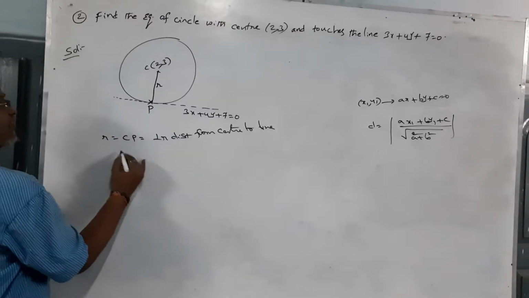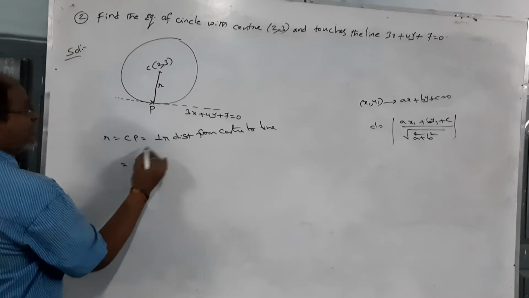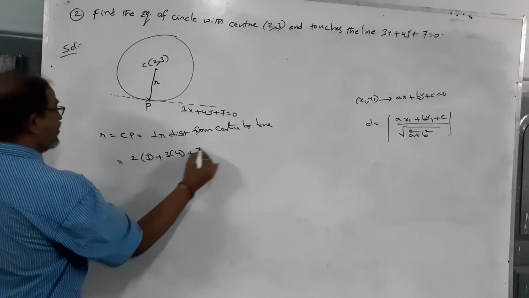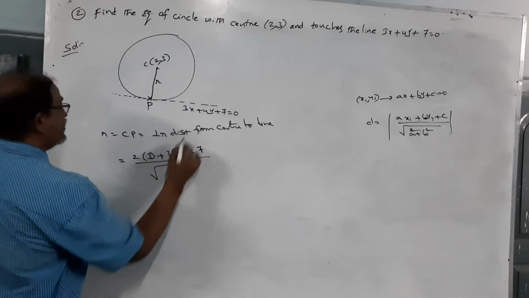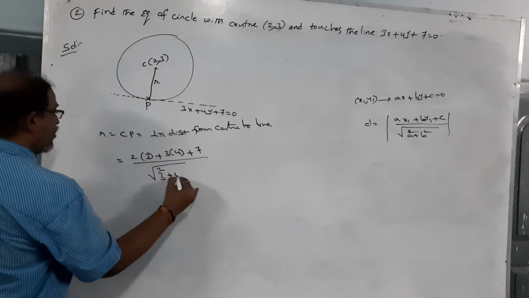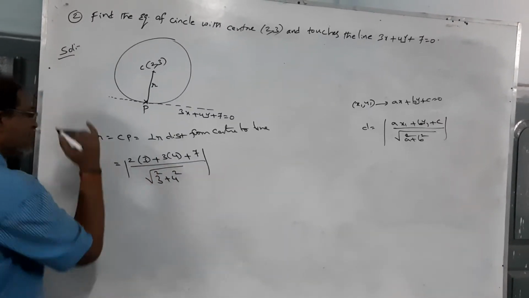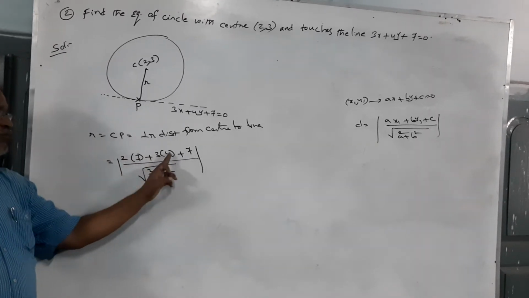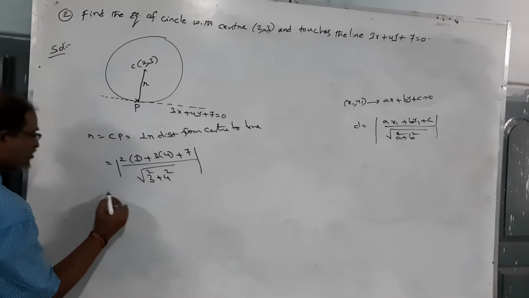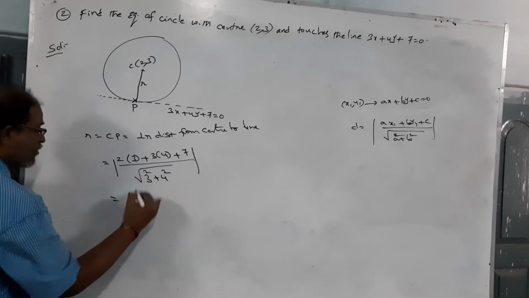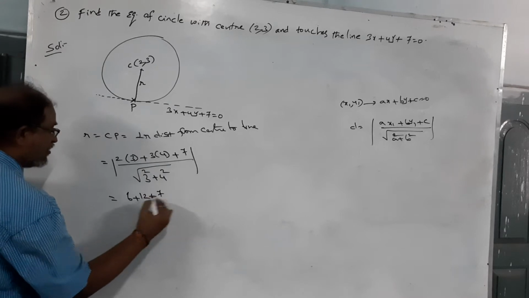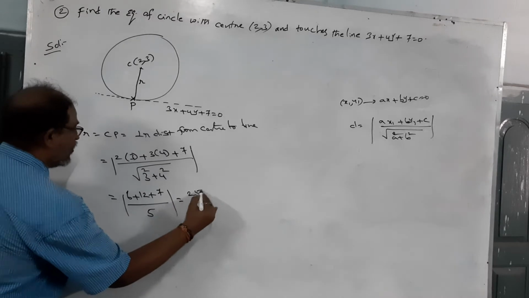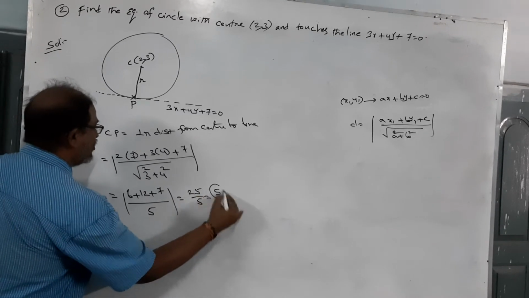Now applying the formula, ax1 plus by1 plus c, that is 2 into 3 plus 3 into 4 plus 7, by root of a square plus b square, that is 3 square plus 4 square. This value is 6 plus 12 plus 7 divided by 5, that is 25 by 5, so the radius equals 5 units.